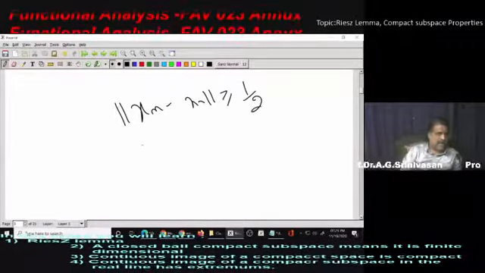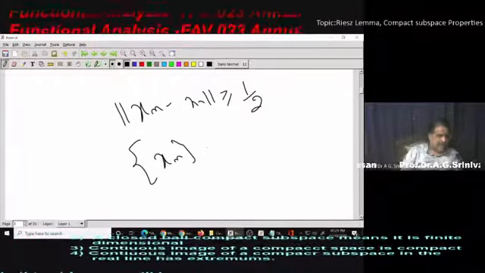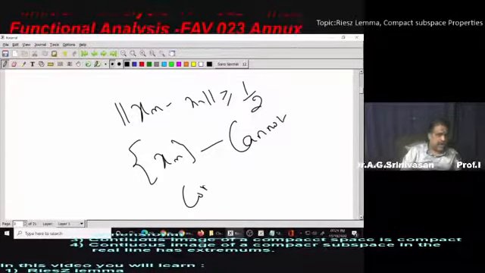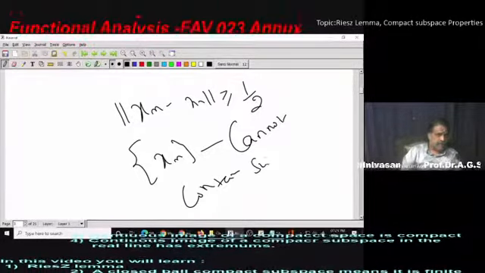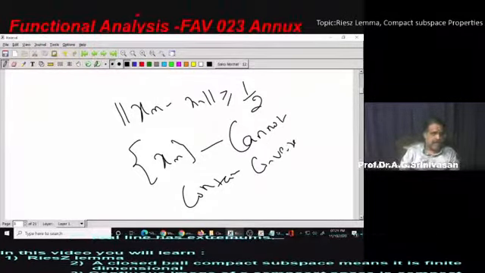It means that there exists a sequence xm, but this xm cannot contain a convergent subsequence.